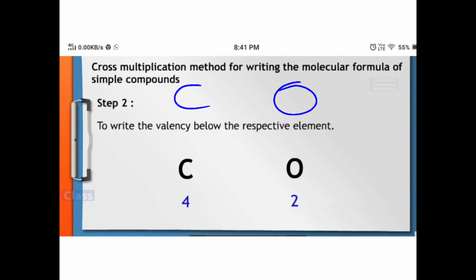Just now in the table, you must have seen carbon was last. The valency of carbon is 4, so I have written 4. And for oxygen, in the second serial number, we got the valency as 2. Correct? So the second step is to write down the valency below the respective element.